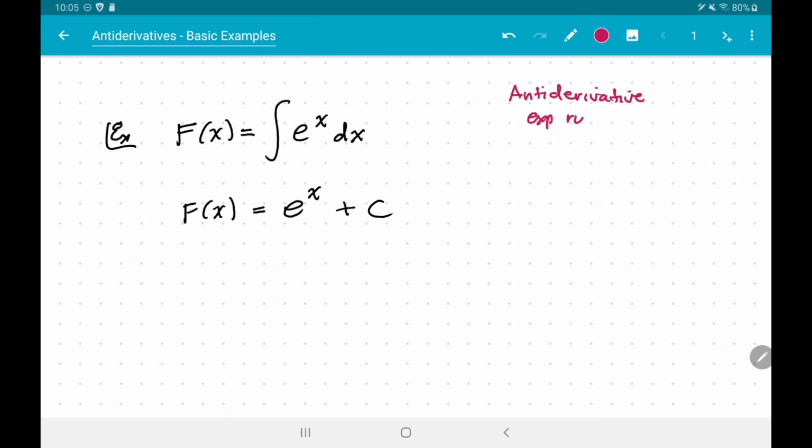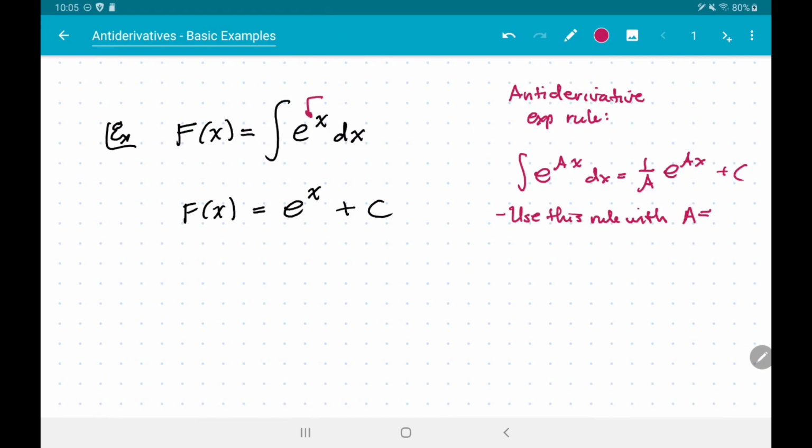Now, I did give this rule in a previous video, that the antiderivative of e to the ax is 1 over a e to the ax plus c. If you want, you can use this rule with, well, what would you use for a?